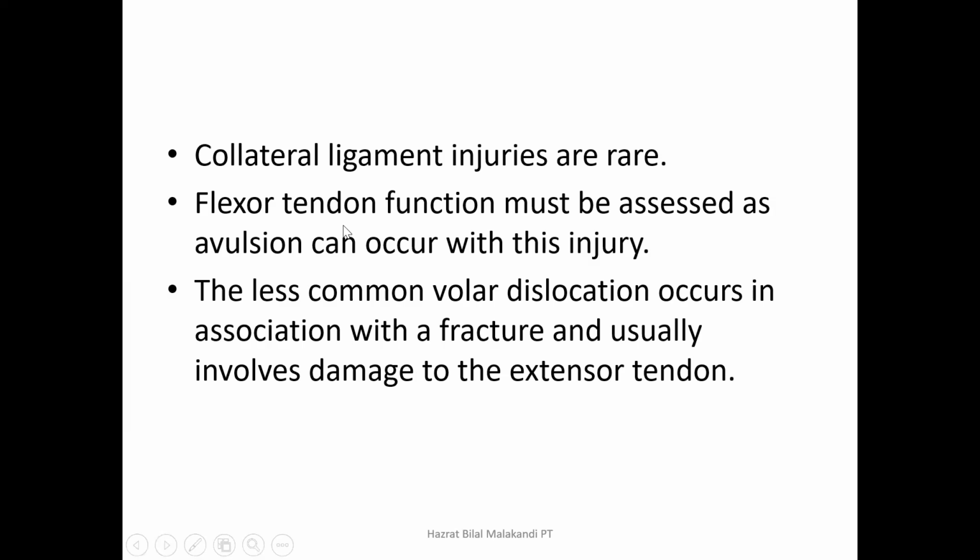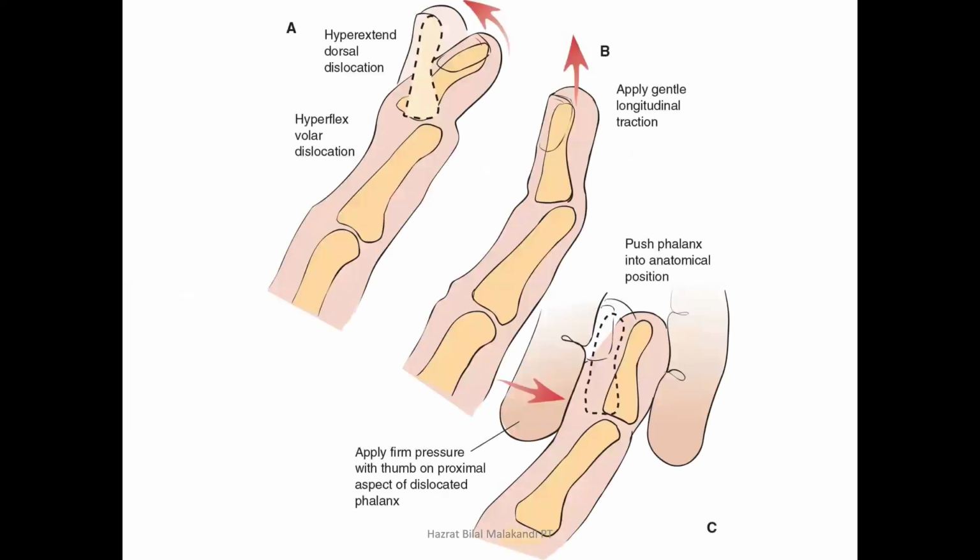As compared to the PIP, where flexor tendon function is not pathologically involved, here the chances are there, that's why it should be assessed along with the reduction of the DIP joint. The less common volar dislocation occurs in the situation with a fracture and usually involves damage to the extensor tendon. So that is actually the dorsal dislocation.